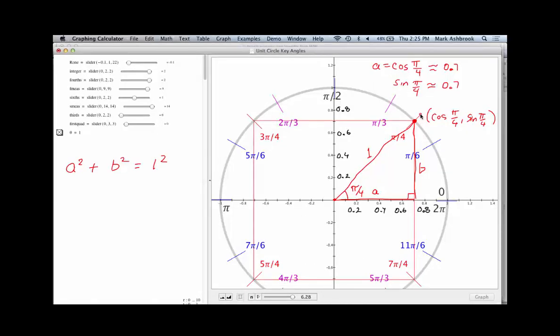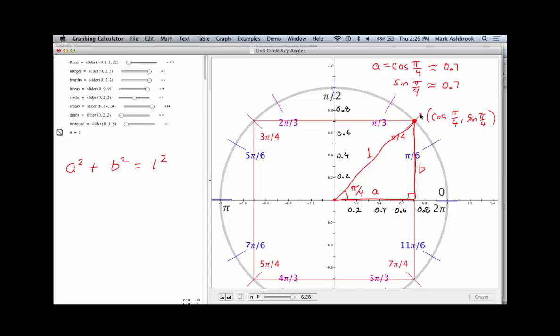Pi over 4 is a special angle in the first quadrant. It splits it right in half, right? We've swept half of a quarter circle. We're in this nice symmetric place where indeed the cosine and the sine are the same, because pi over 4 is halfway up the arc to pi over 2.